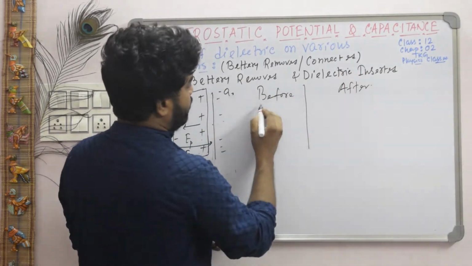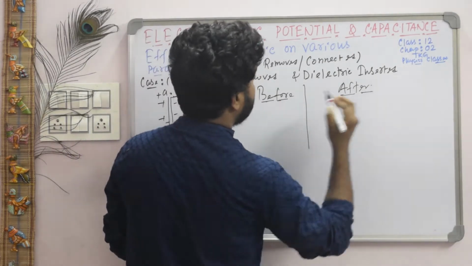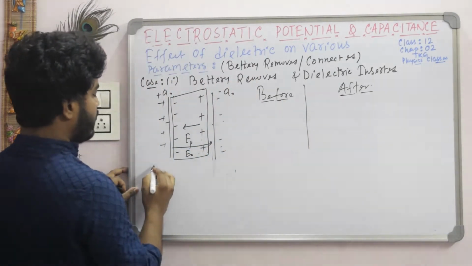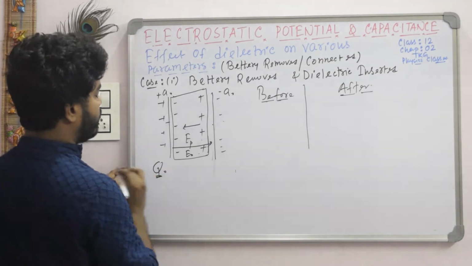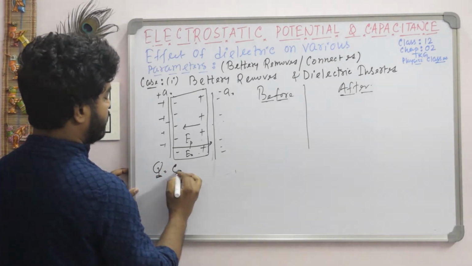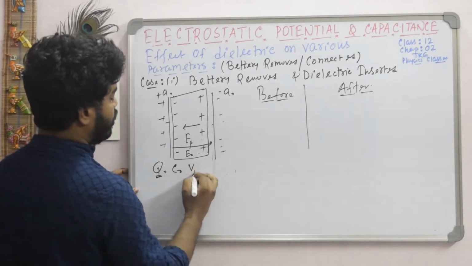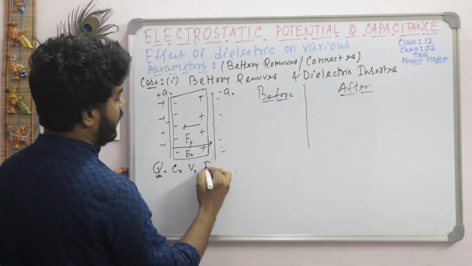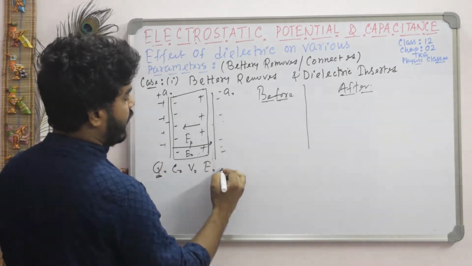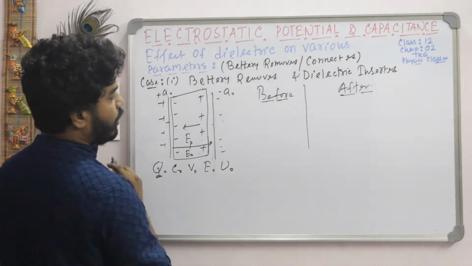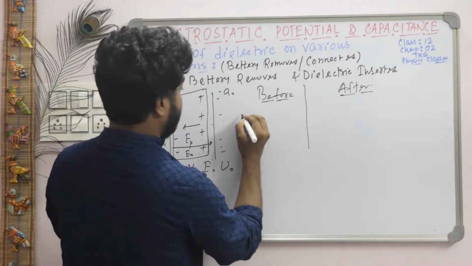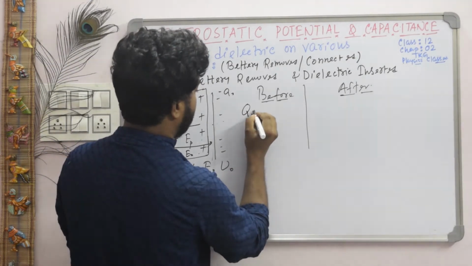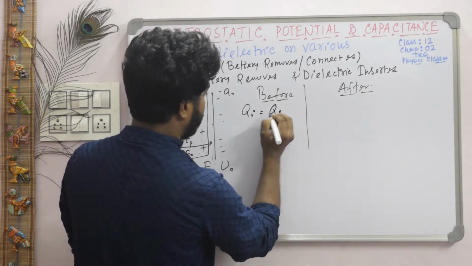Okay, for before, for the initial condition, suppose we consider charge Q naught, capacitance C naught, potential V naught, electric field E naught, and potential energy U naught. Write it down. The initial charge Qi is equal to Q naught.